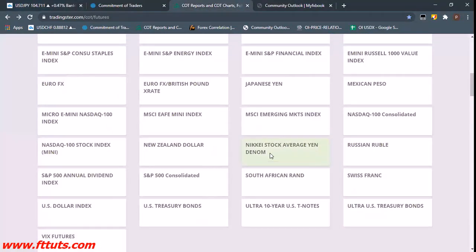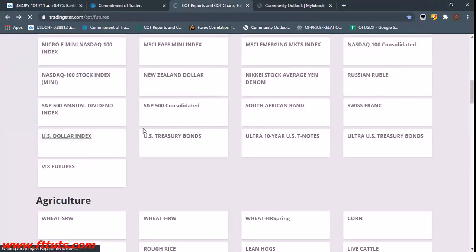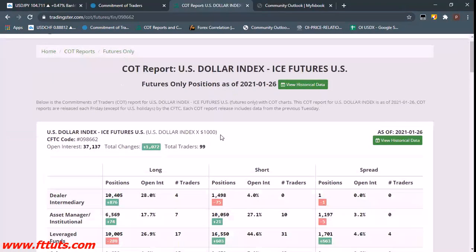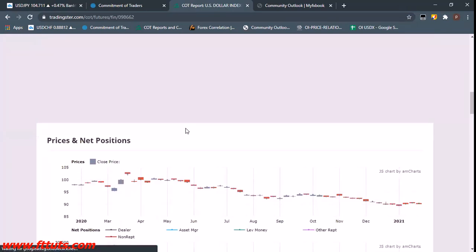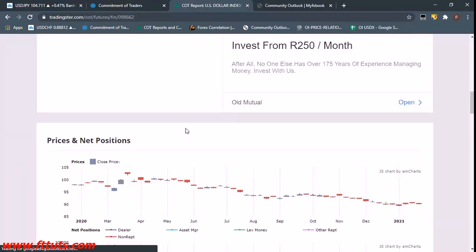This one we just did analysis on, and we saw that it was bearish, but I just wanted to go through it again. You can use this website to do COT analysis. It's fine. It's up to you to use the one that you're comfortable with.